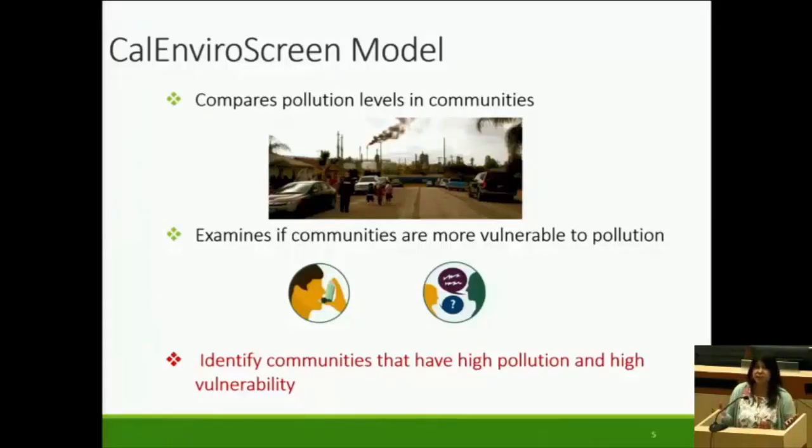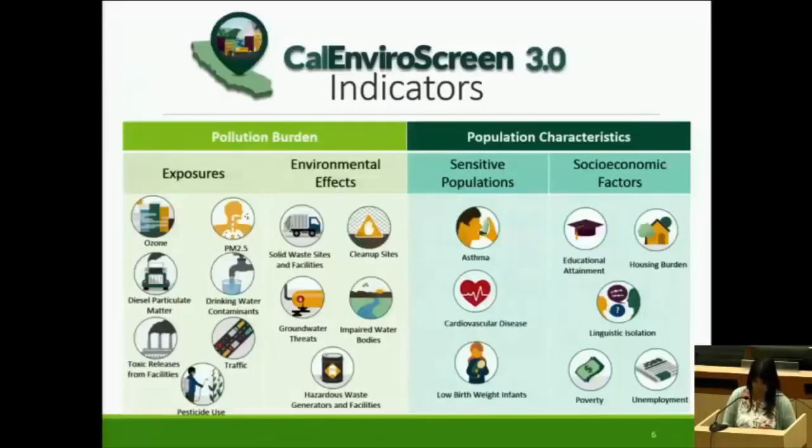That's one of the keys of CalEnviroScreen: places we identify as most impacted have to have both of these things. This stems from work on cumulative impacts, and CalEPA had a definition of cumulative impacts that guided that model.